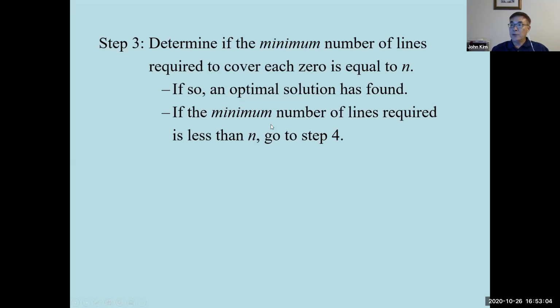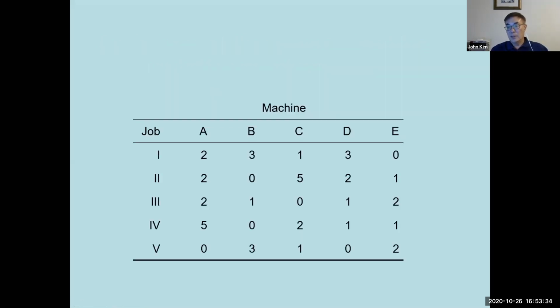If the number of lines is the same as n, for this example 5 lines to cover all 0s, then we can get the optimal solution. But if the minimum number of lines is less than 5, then we need another step. Okay, let's try to cover the 0s here.